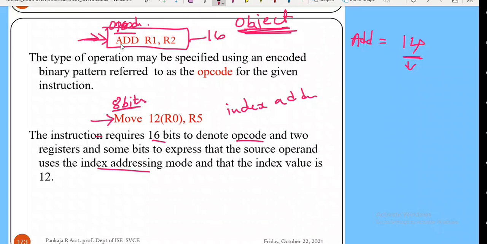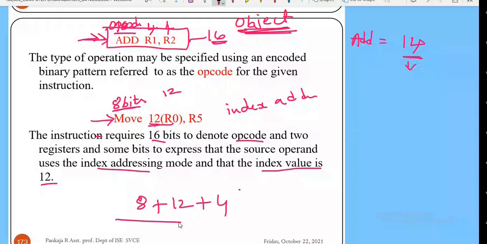With index addressing, the operand alone may take more bits. Here the index addressing is represented with 12 bits, the first operand itself, so that is 8 plus 12 plus 4.